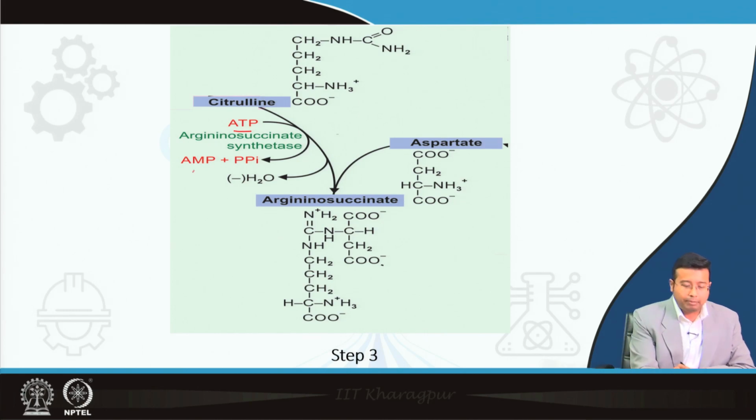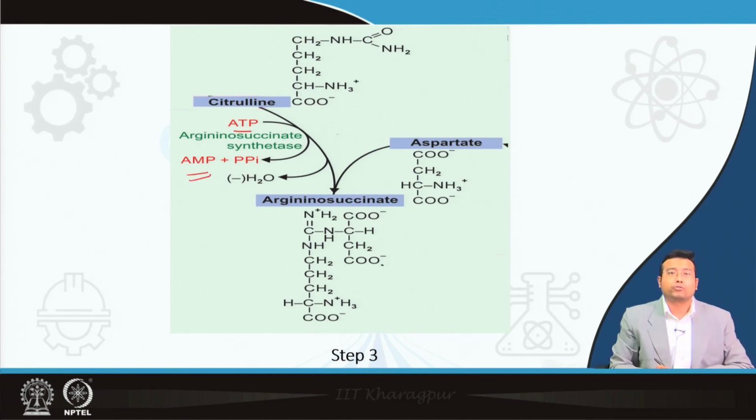Over here ATP is converted to adenosine monophosphate, AMP. All right. This will come in handy when we are dealing with the energetics of the urea cycle. So, for now you are seeing that 2 high energy phosphate bonds are actually required for this case. Citrulline combines with aspartate to form argininosuccinate.